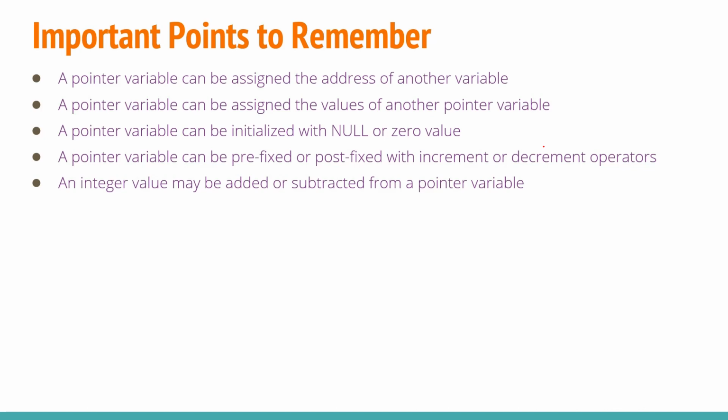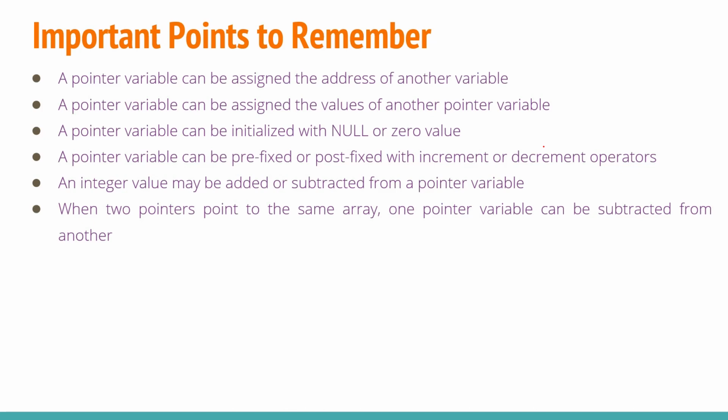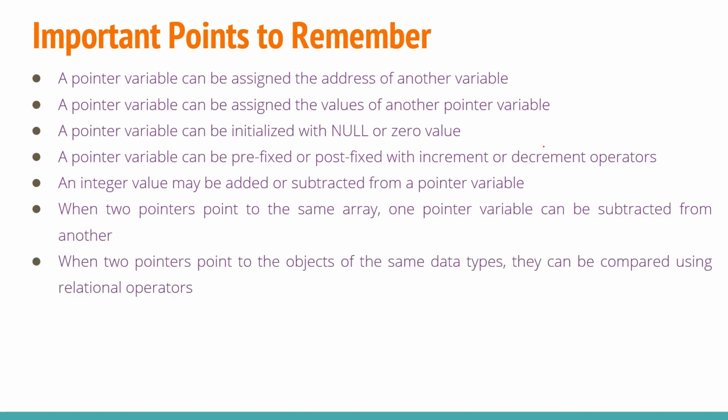So this is possible. When two pointers point to the same array, one pointer variable can be subtracted from another. This in fact was not shown previously. So when we make an array to be pointed to by two separate pointers, say p1 and p2, in such a scenario, one pointer variable can be subtracted from another. This is allowed.